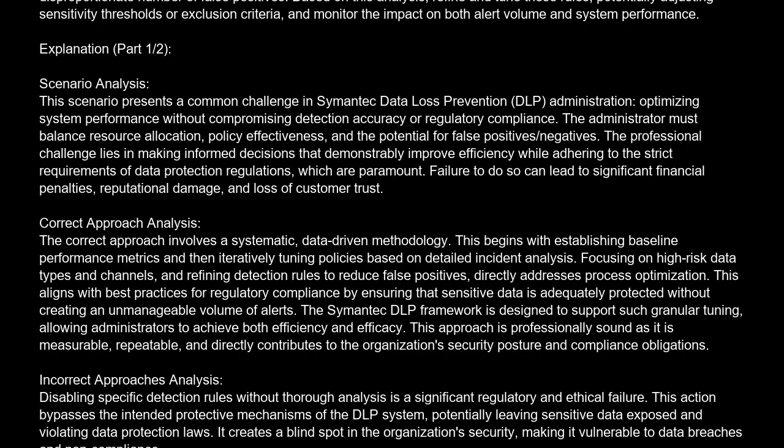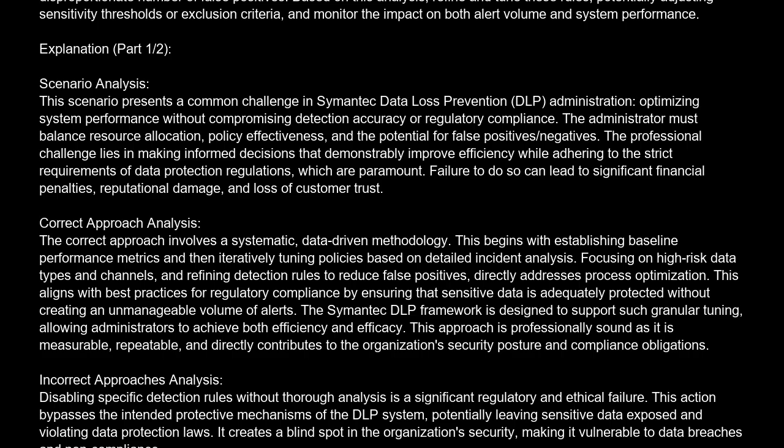Correct approach analysis. The correct approach involves a systematic, data-driven methodology. This begins with establishing baseline performance metrics and then iteratively tuning policies based on detailed incident analysis, focusing on high-risk data types and channels, and refining detection rules to reduce false positives. It directly addresses process optimization.